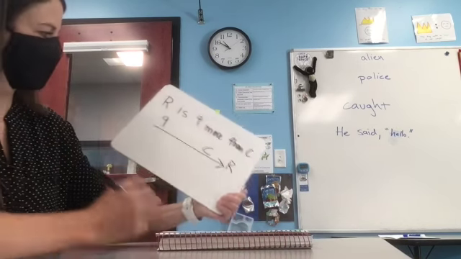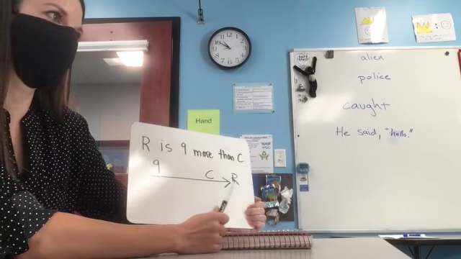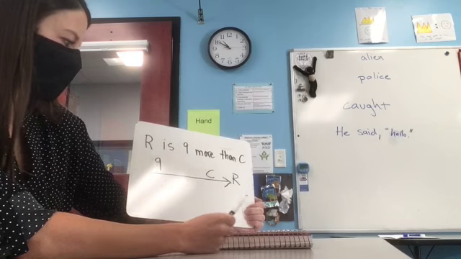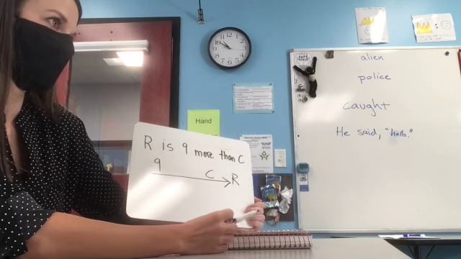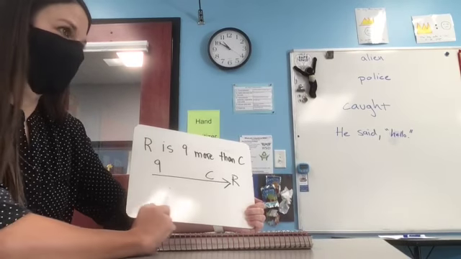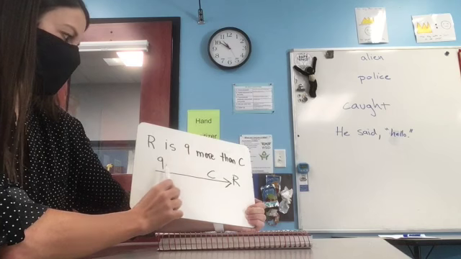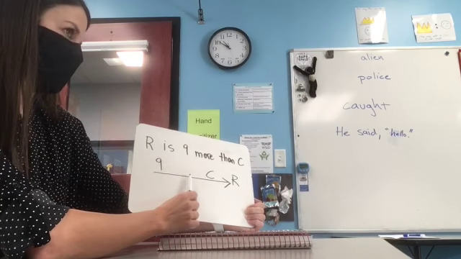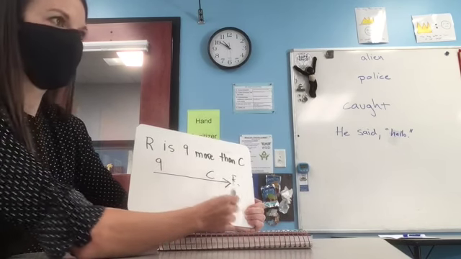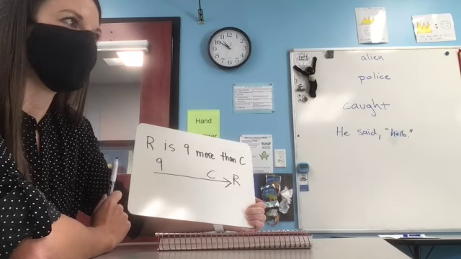Nice, Luke. Okay, so if you're going to make an addition problem out of this family, what would you say? What would the addition problem be for this family? 9 plus C equals R. But we don't know if we subtract or add.